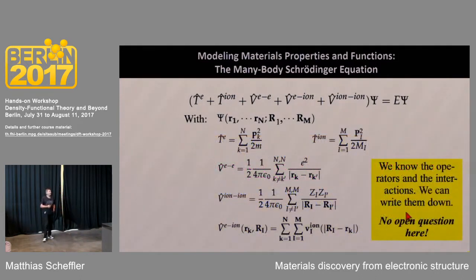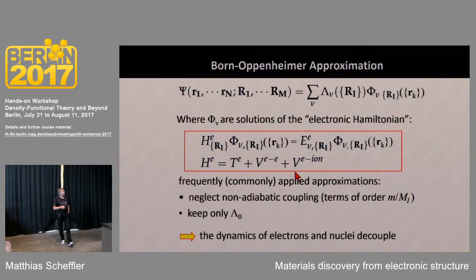So everything is known, and what is the complication? The reason for the complication is electron-electron interaction. This simple operator makes it so difficult to solve the whole thing, and so nearly all calculations deal with an approximation to this.